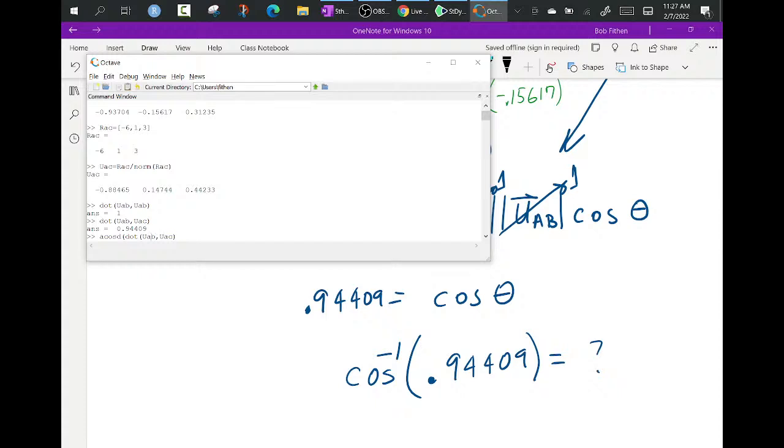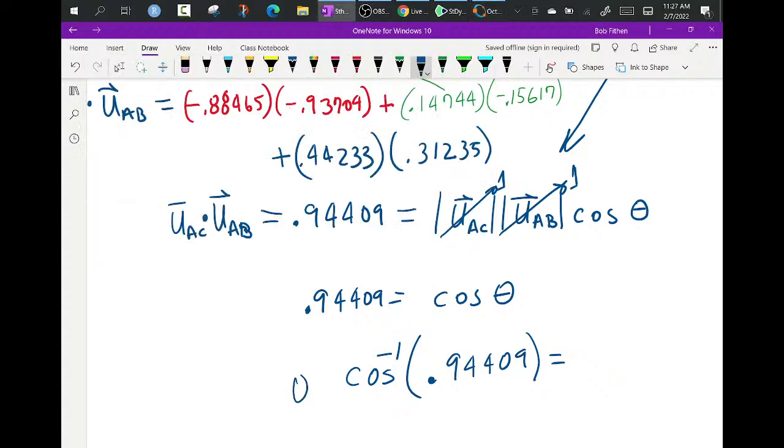And then what I want to do is close the bracket. So 19.25. So theta is equal to 19.25 degrees. If I didn't do the D at the end, it would have become radians. Not a bad issue, I guess.